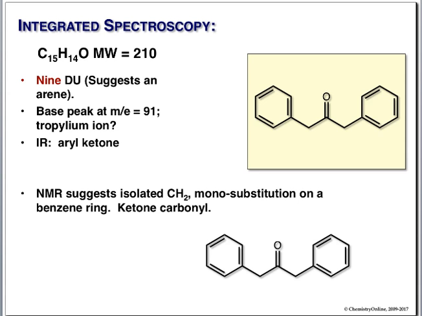Now, remember at the start of the class, I showed you on the organic interactive where you could go and work problems if you like. There's also the entire text of Practical Spectroscopy on Blackboard. There are lots of problems in that. You can go to the McMurry site and look at spectra.